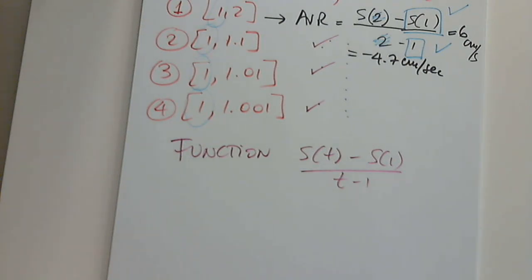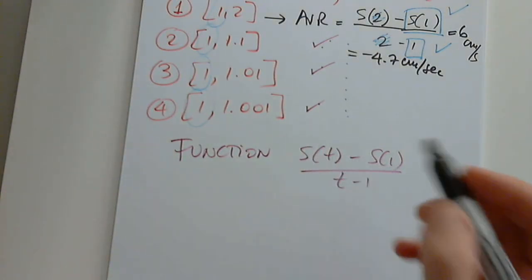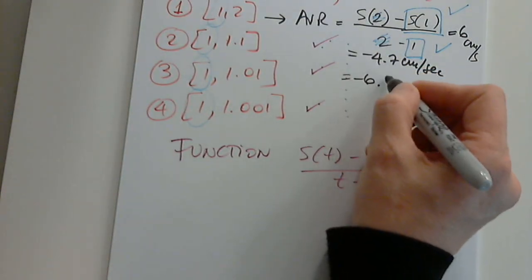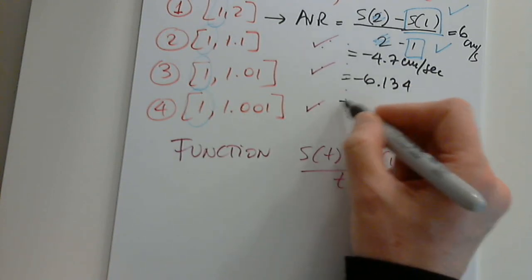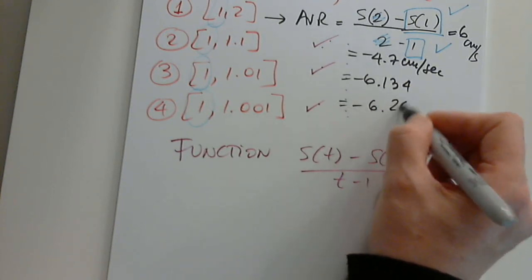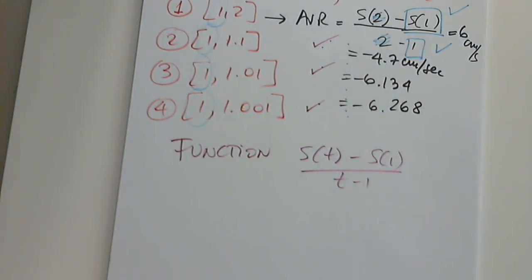If it comes back, the speed is negative. That's all it means. And then -6.134. And then the last one, -6.268. And I'm sure you are wondering, because the problem has to ask us, what is the slope of the tangent line at 1?